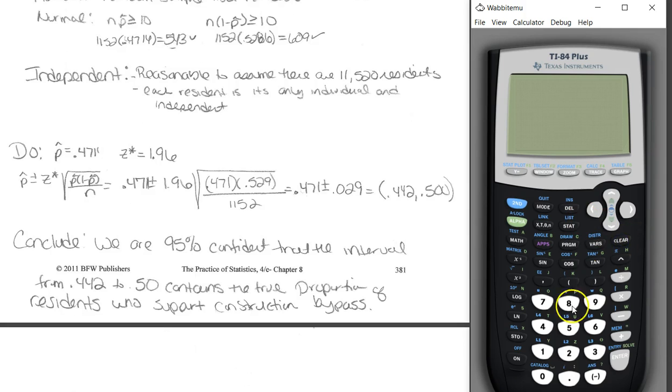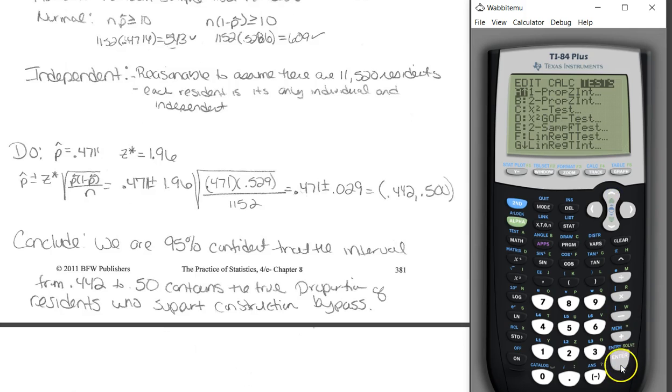If I would have done this in my calculator, so stat, test, I am running a 1 proportion z-test. So I would have gone down to number 5. Nope, I'm sorry, z-interval. One proportion z-interval.